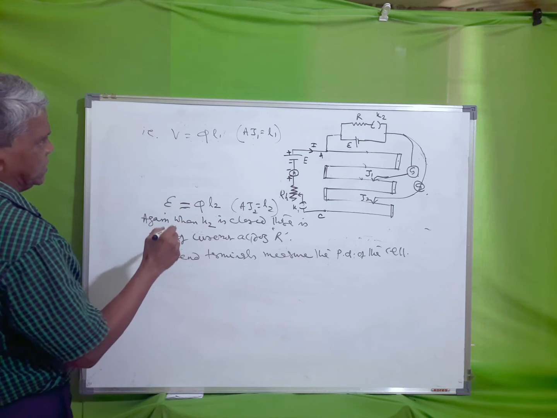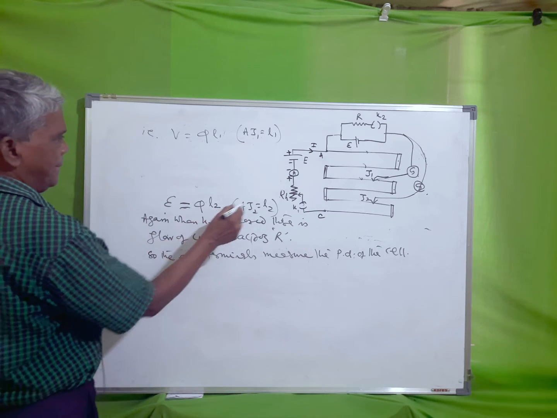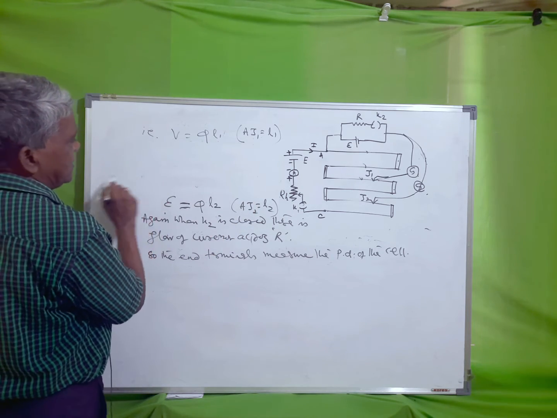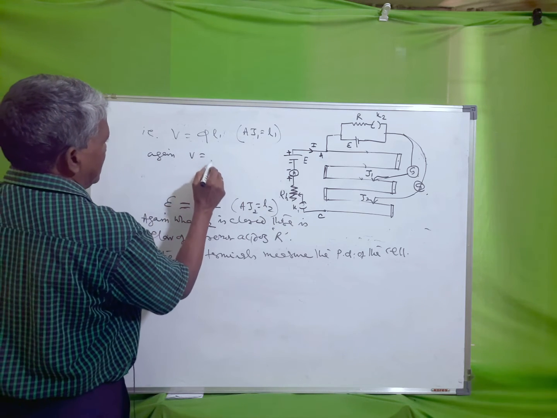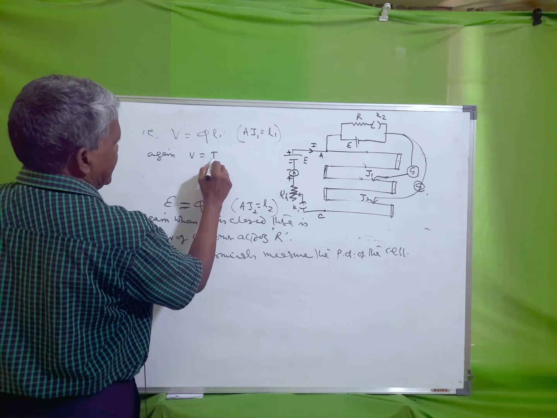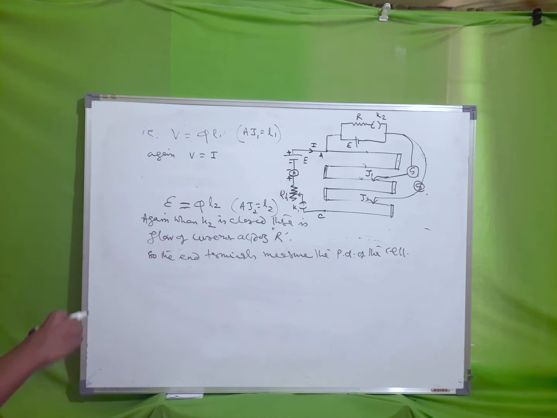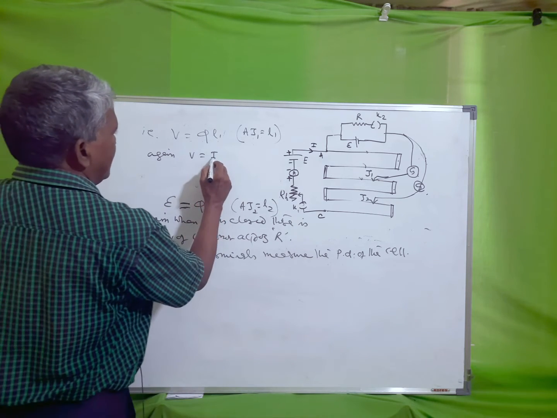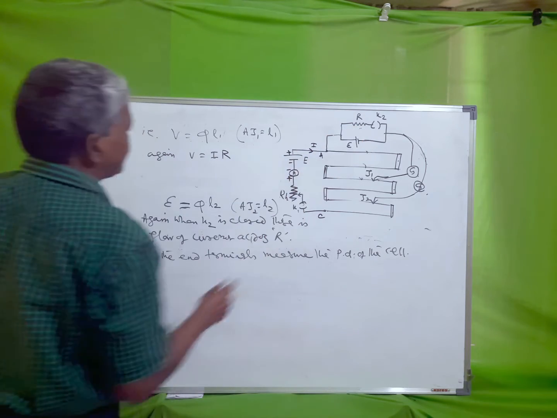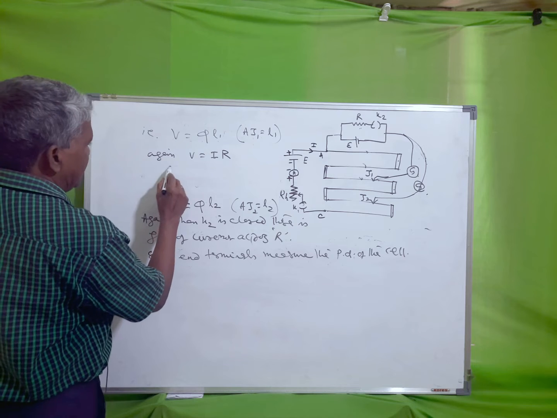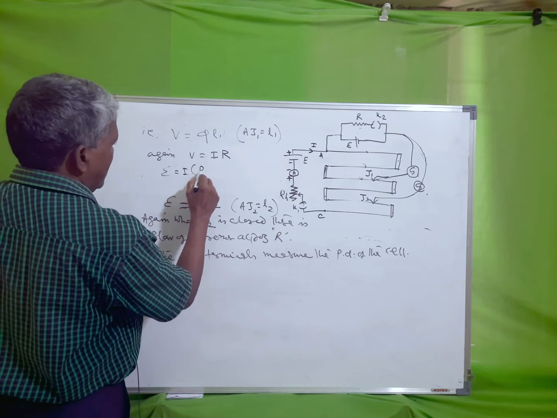Again V is equal to I R, where R is the resistance, and E is equal to I into R plus r.